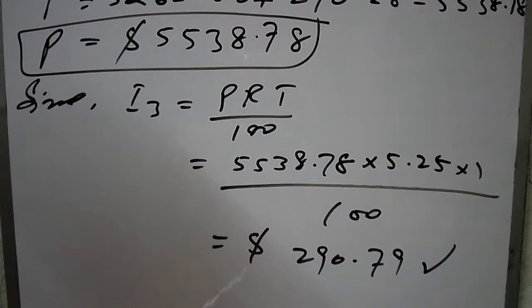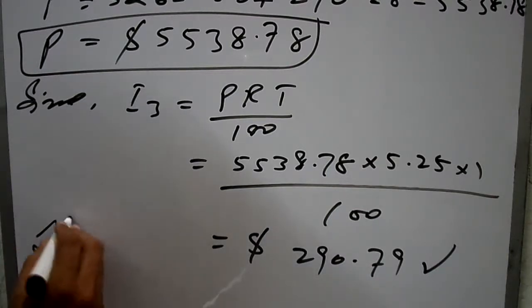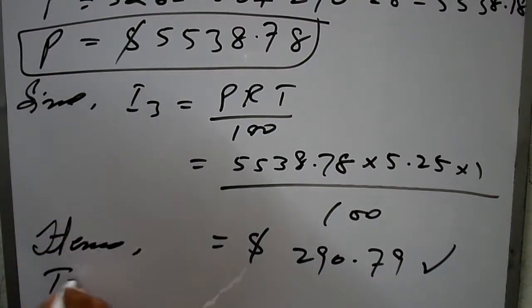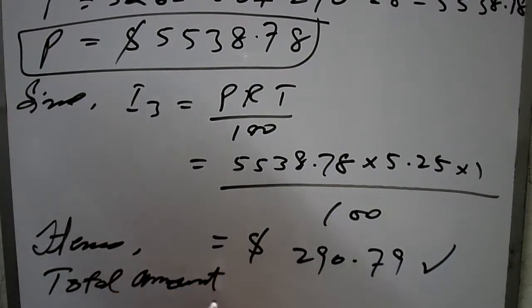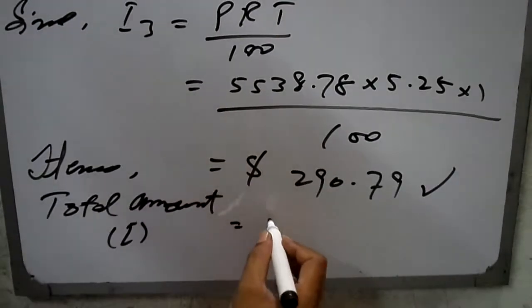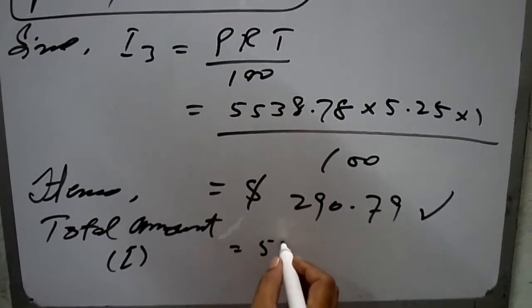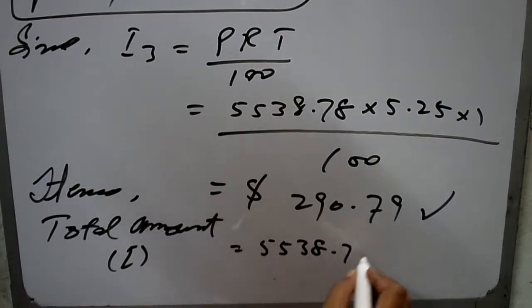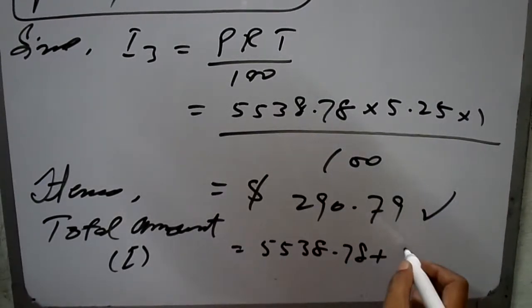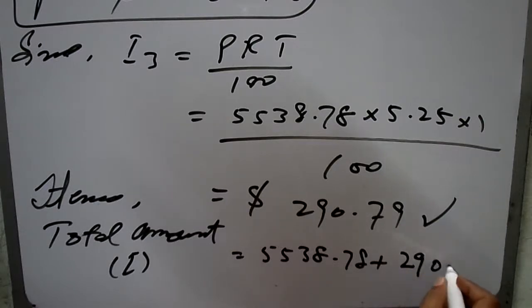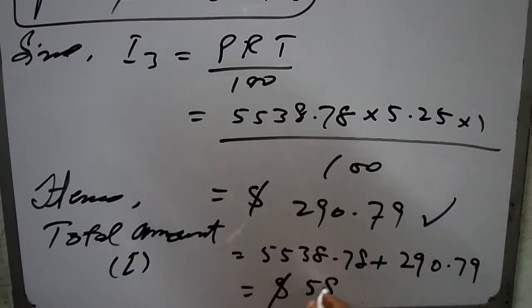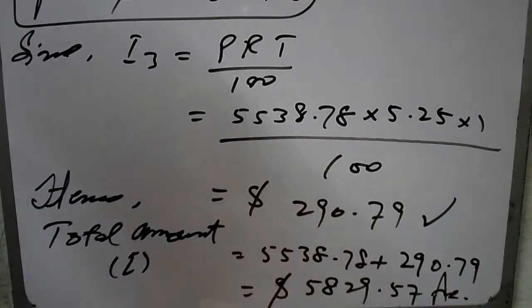So the total amount will be, you have to add all the amounts, that is 5,538.78 plus 290.79, so the amount is $5,829.57. So it is your required result.